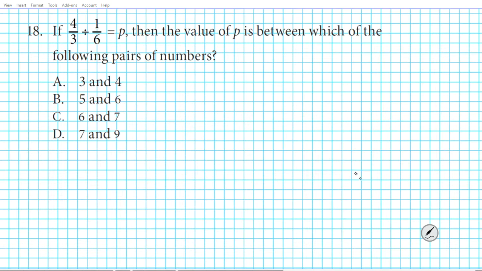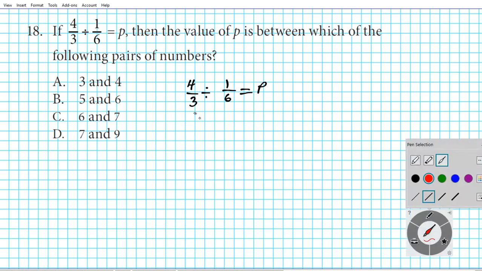So, first of all, let's talk about the name of the different components of a division statement or a division equation. So if we have 4/3 divided by 1/6 equals P, let's name them.